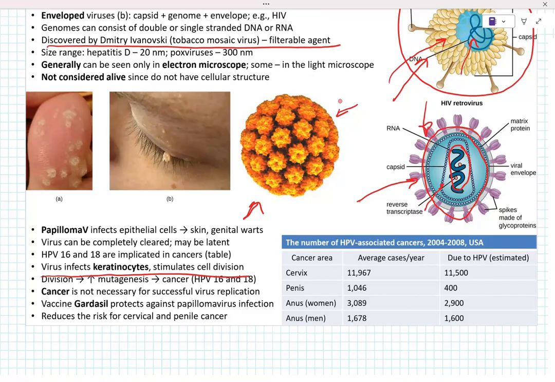Agreed? If it's a skin, this accumulation of cells, we call it a wart. It's benign, can be removed. Okay? Warts can be on the skin, they can be on the anal epithelium, they can be on the vaginal or penile epithelium. So vaginal warts, penile warts, anal warts.